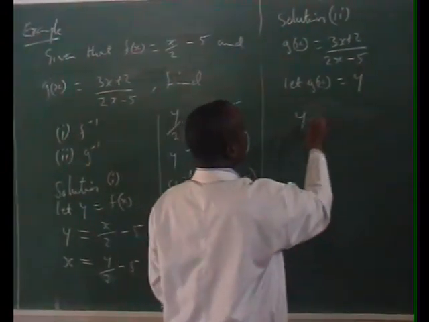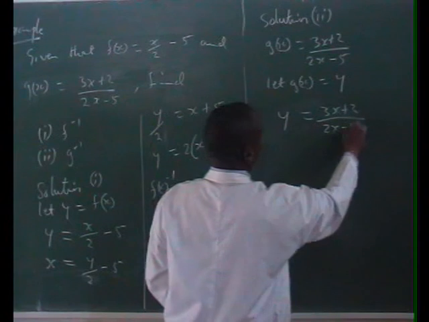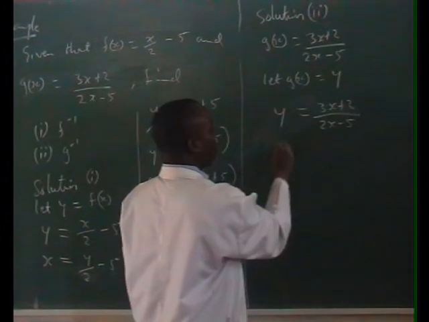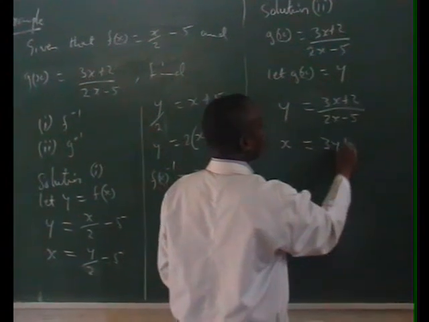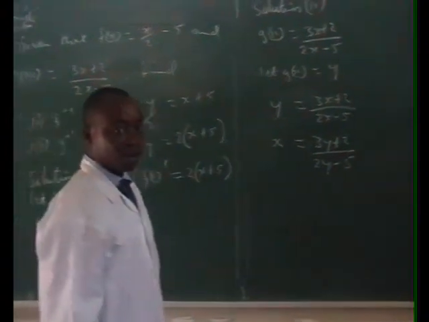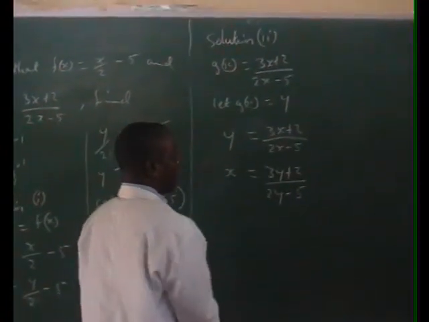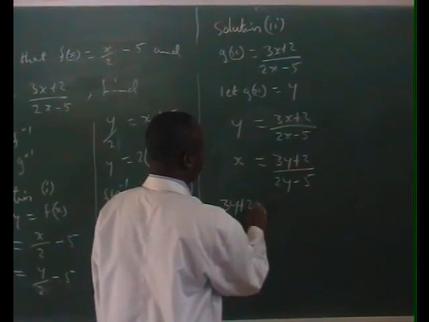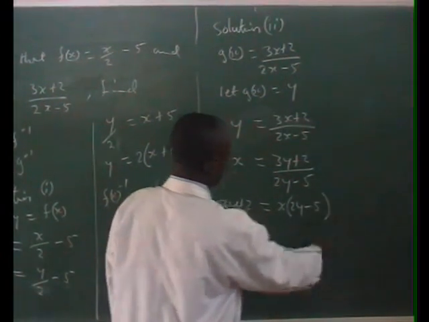Don't forget that this thing is like this. Y is equal to 3x plus 2 all over 2x minus 5, since I am letting g of x equal to y. So when I replace, I will have, look at that, x in the place of y will be equal to 3y plus 2 all over 2y minus 5. Now, if I cross multiply this thing like this, I think I will have 3y plus 2 will be equal to x bracket 2y minus 5.